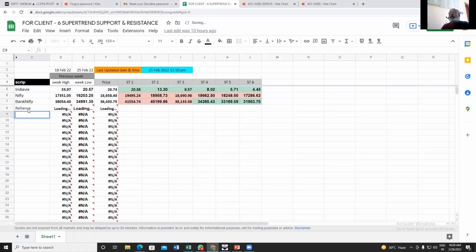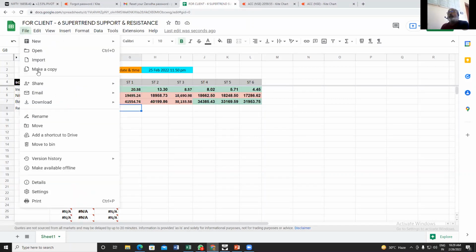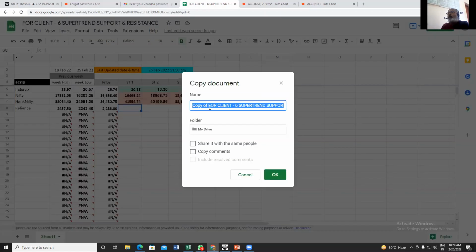Okay. See, if I add Reliance, the weekly high and weekly low and the LTP will be automatically updated. You have to update these values so that automatically it will show where the next support and resistance is. So this can be used as a tool where you can make a copy in your PC and then save it as per your name, make a copy, then replace this name with your name.